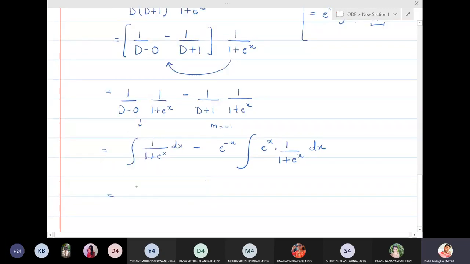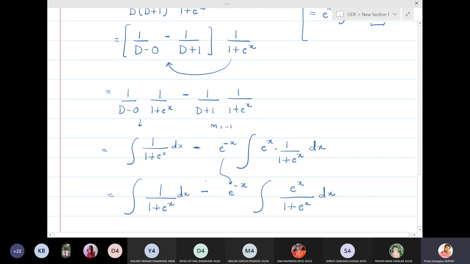Now here I have to use my skill of integration. As far as the second integration is concerned, this e raised to minus x is out of the integration, so it has nothing to do with the question. And this is e raised to x upon 1 plus e raised to x dx. And this is 1 upon 1 plus e raised to x dx.